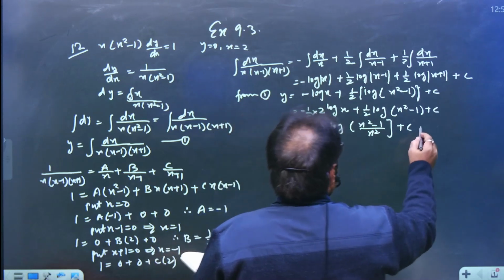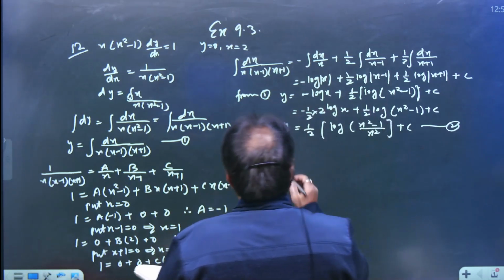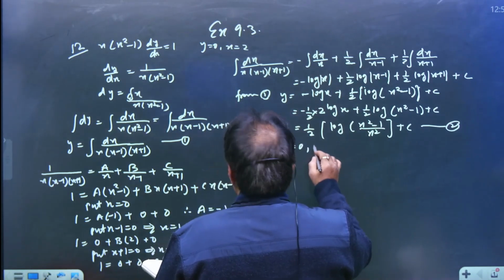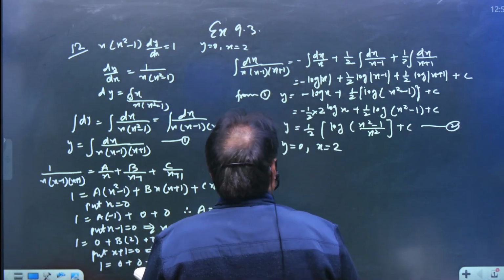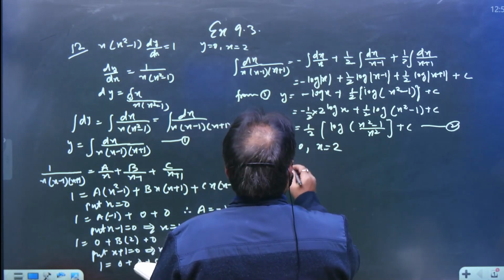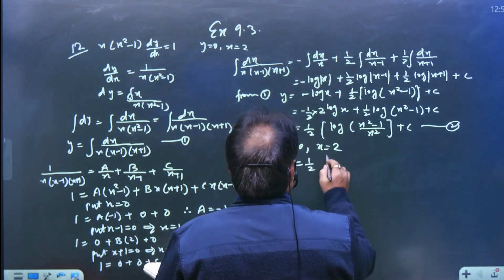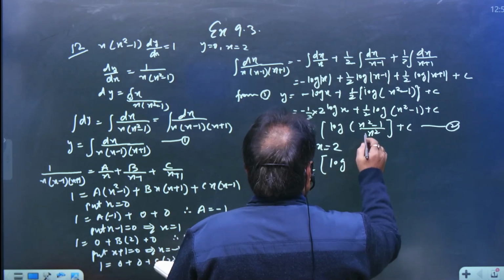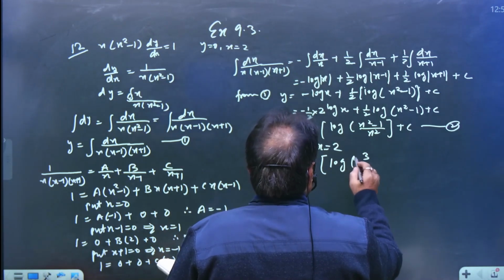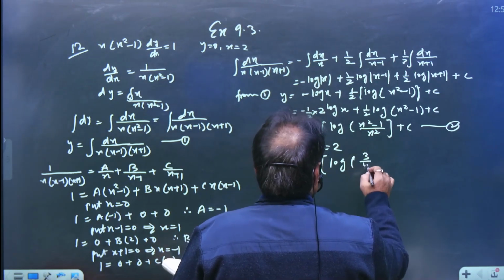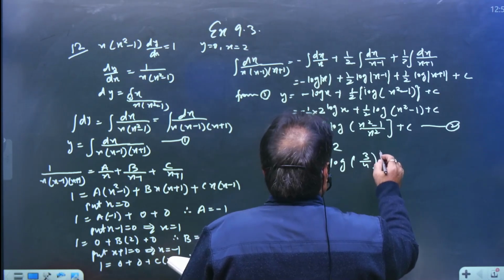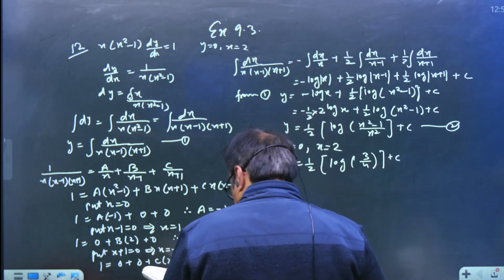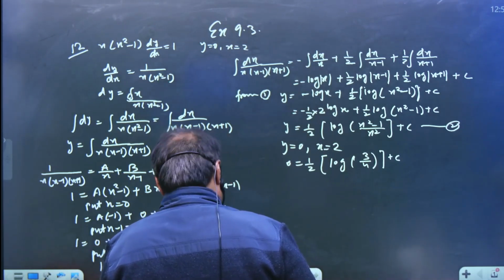Okay. So put it as result number 2, and now when y is equal to 0 and the value of x is equal to 2, so 0 is equal to 1 by 2 and log of 4 minus 1, that is 3, and 2 square means 4. Okay, and plus c.